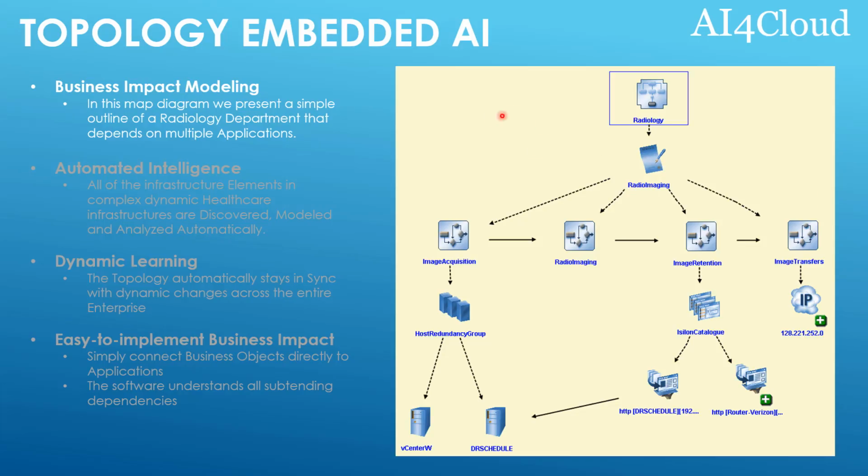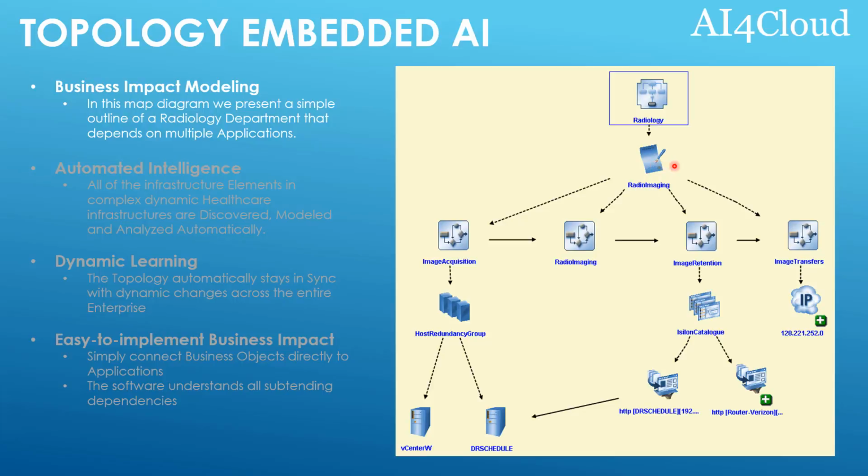This is a simple example of modeling a business process. In this map diagram, we present a simple outline of a radiology department that depends on multiple applications and underlying infrastructure elements. The department, represented here by the org chart icon, subscribes to the service offering shown here as a contract.